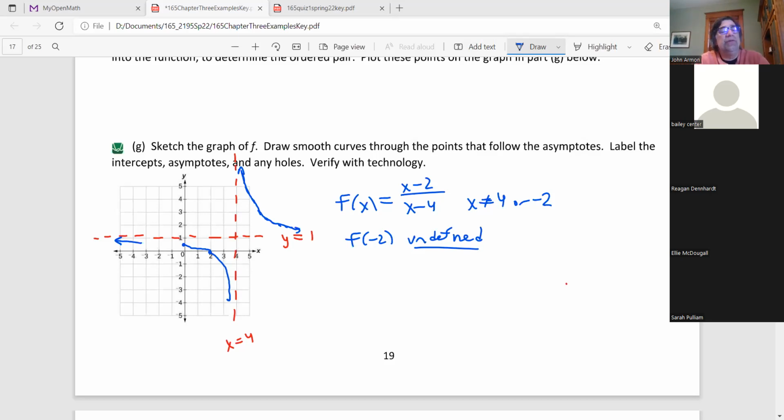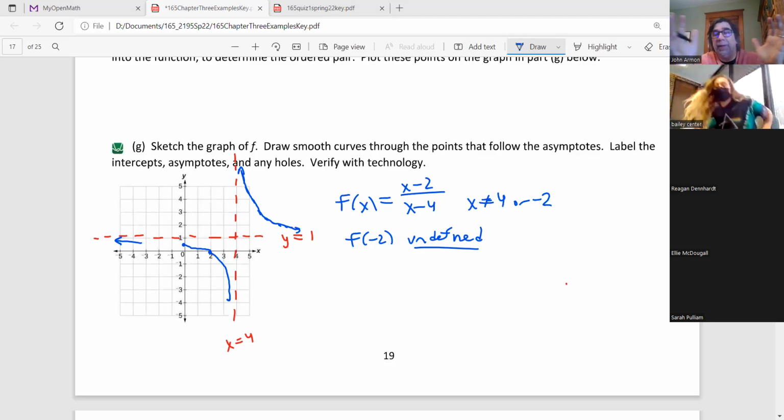Let me try and reduce the window size a little bit here. Once again, I don't know what's going to happen here. Just trying a couple things. Okay, so same graph. We're just kind of zooming in a little bit.